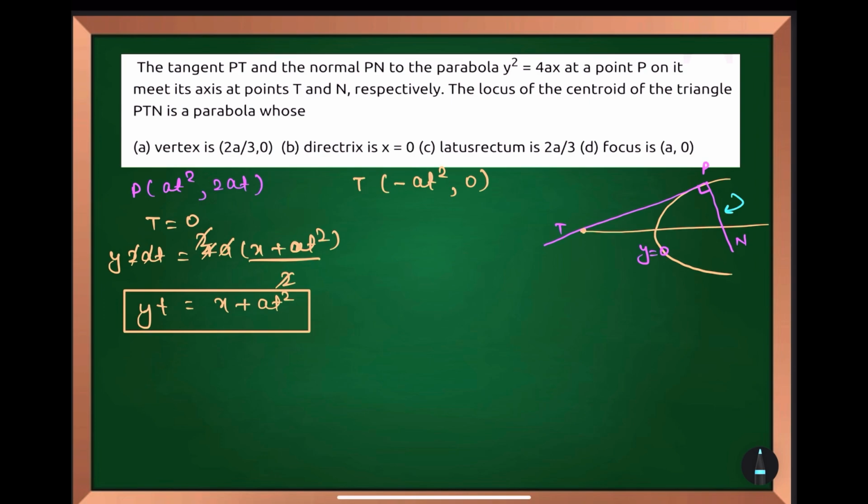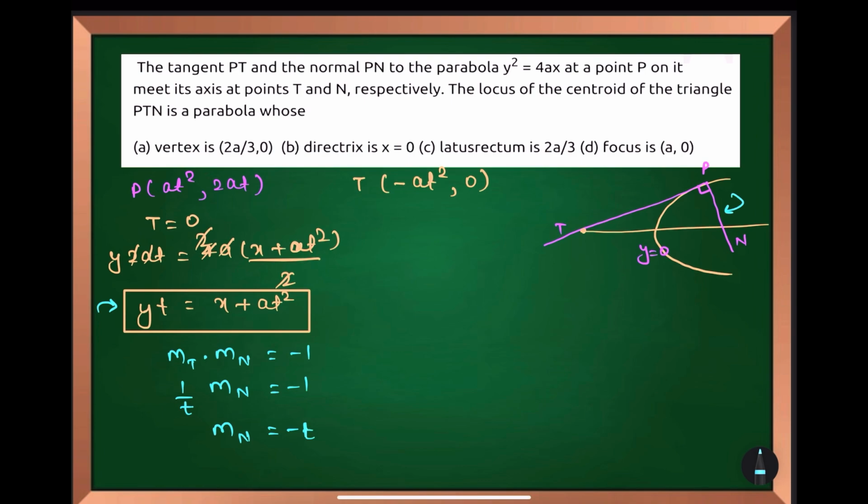You know that the product of the slope of tangent and the slope of normal is −1. What is the slope of tangent? Using y equals mx plus c, the coefficient of x defines the slope of tangent. So it is 1/t, and m·mn equals −1, so mn is −t. So you got your slope of normal.